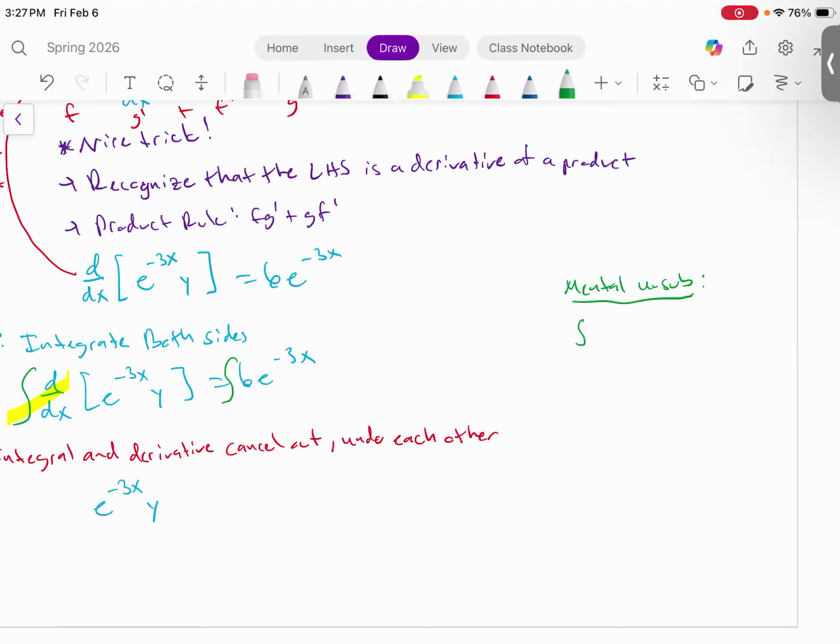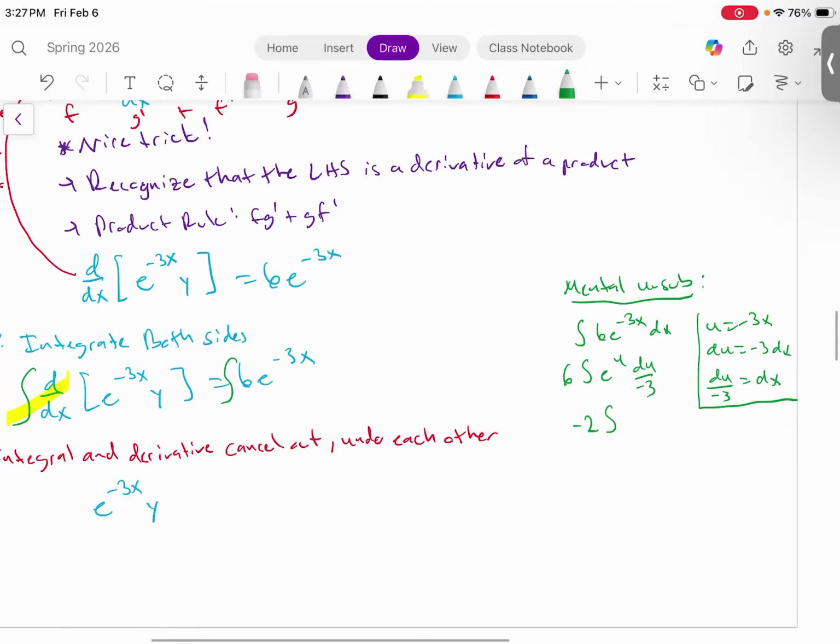The integral of 6e to negative 3x dx. We could do u equals negative 3x, du is negative 3 dx. So we'll have du over negative 3. And so this becomes, I'm going to take the 6 out, integral of e to the u du over negative 3. If we take out the negative 1/3, it becomes negative 2 e to the u du.